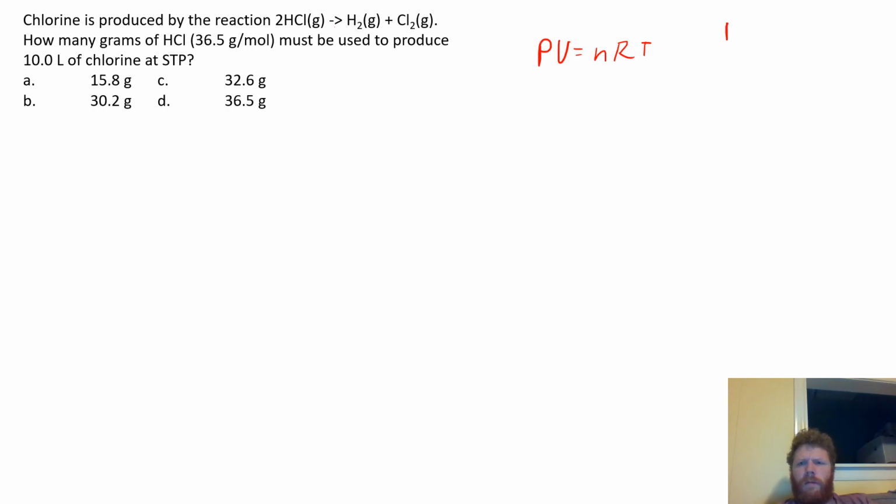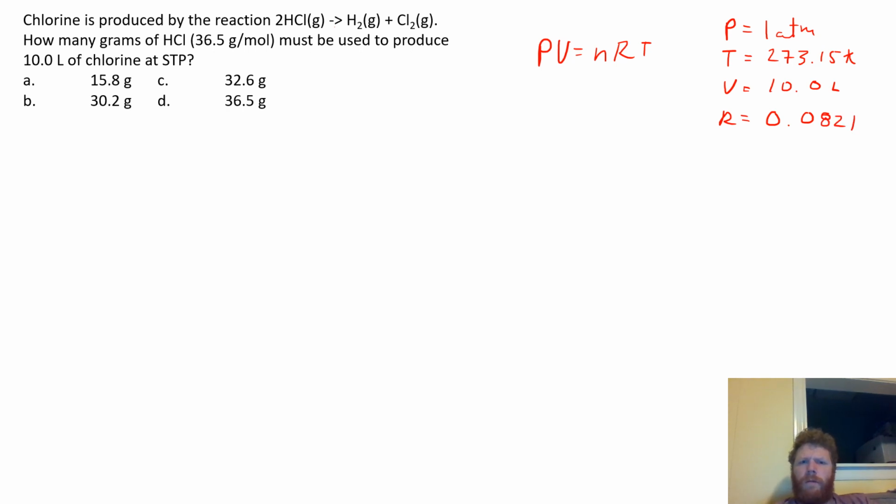Now what we have here is, again, standard pressure and temperature. We have a pressure of 1 atmosphere. We have a temperature that is 273.15 Kelvin. We have a volume that is 10.0 liters. We have an R value that is still the same, 0.0821. Okay.